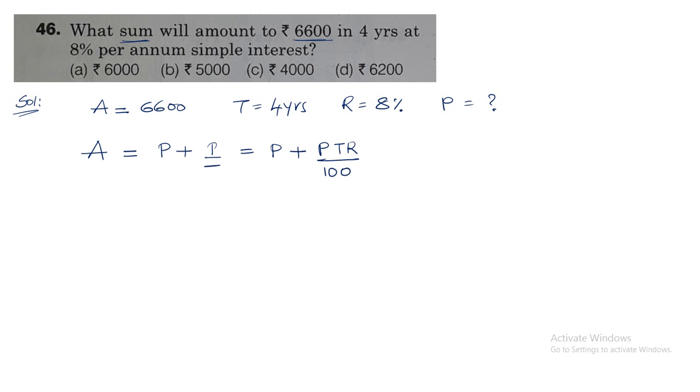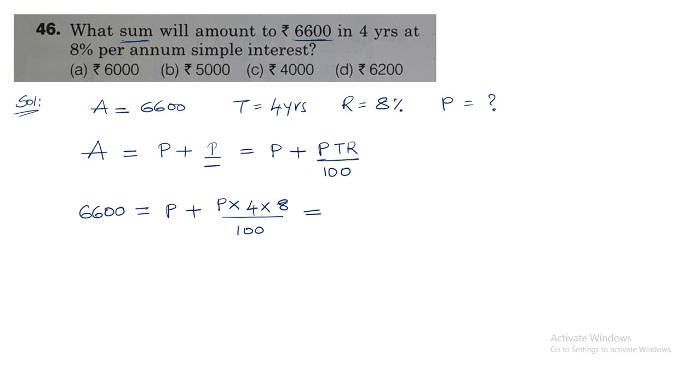Now writing down the values, the amount 6600 is equal to principal, we don't know, so principal plus principal into what is the time, so it is 4 years, into what is the rate of interest, so the rate of interest is 8 divided by 100.